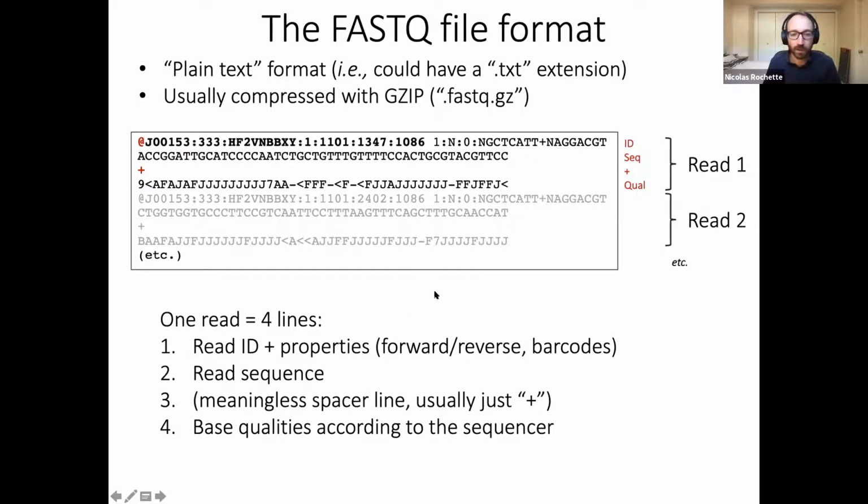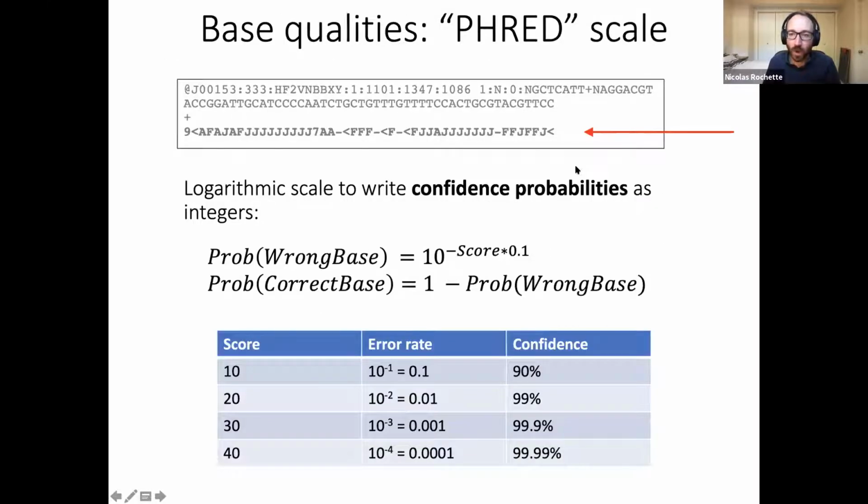Okay. And one thing we can notice right away is that the read ID is just an ID that's been arbitrarily given. The sequence is self-explanatory. It's just the sequence of the read. And then the one thing that's less obvious in FASTQ files is this quality line.